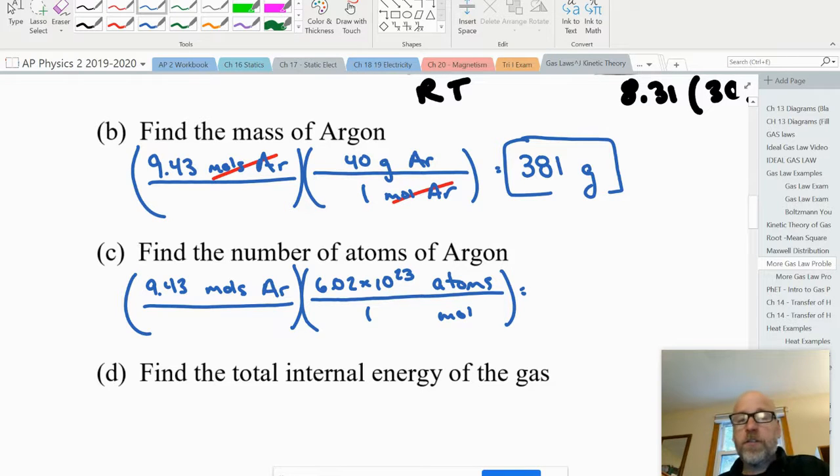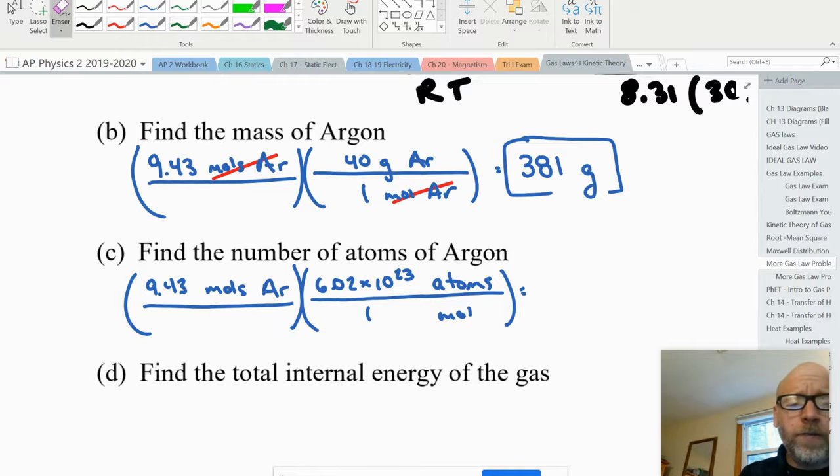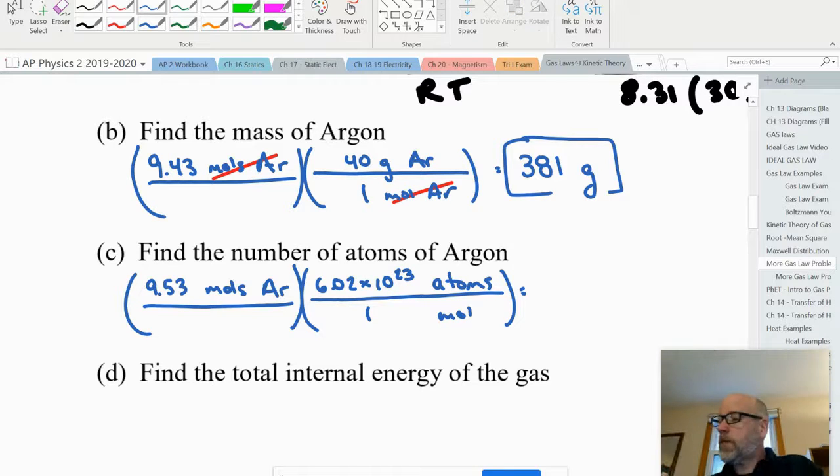That's right. It's just Avogadro's number. Turns out, though, that now that I'm looking at my calculator again, this is 9.53. Which is what I used in my last one.